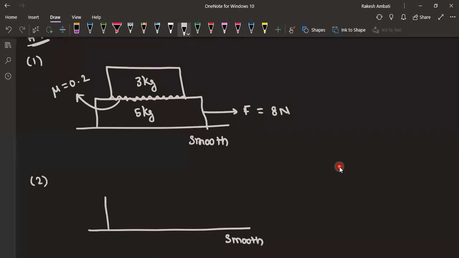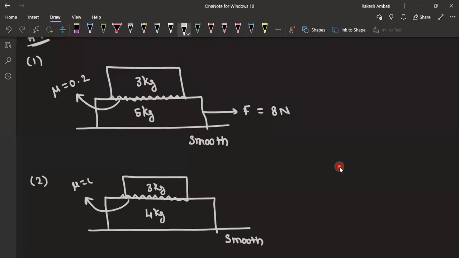It is a block of 4 kg and this block 3 kg, and it is a rough surface. Mu is given 0.15 and here applied force 10 newtons.